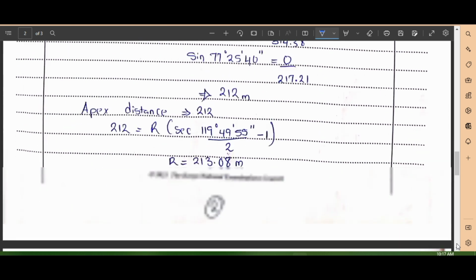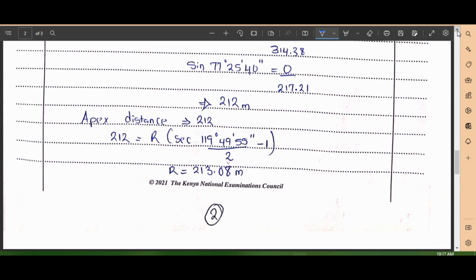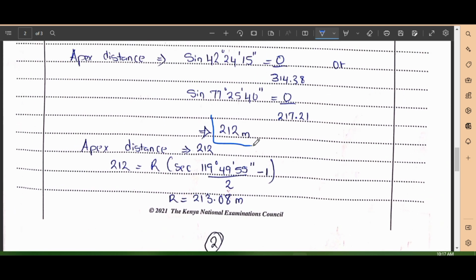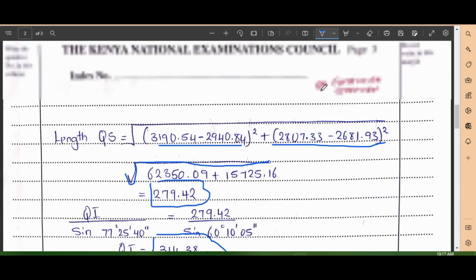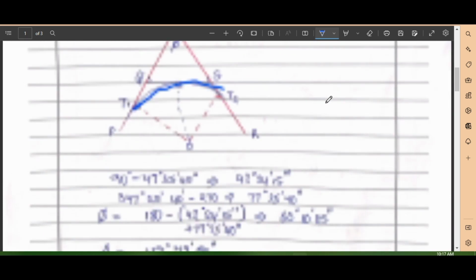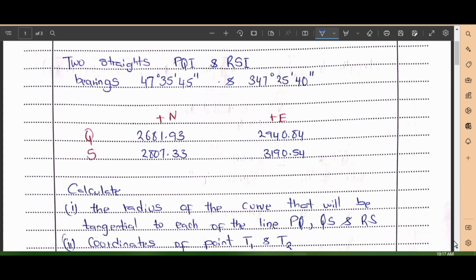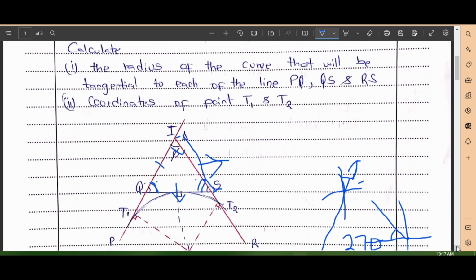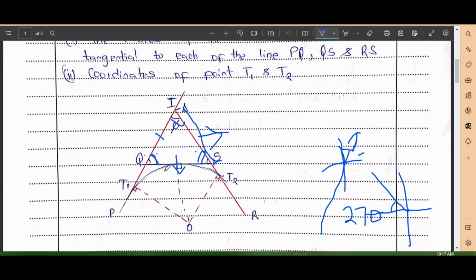When you do it for both of them, your answer will be 212 meters. That is the distance in the diagram, because this curve touches this point, so this will be the apex distance, or the external distance from the intersection to the center of our curve.